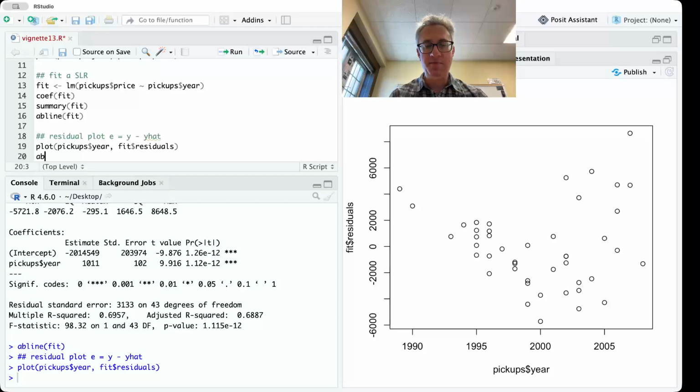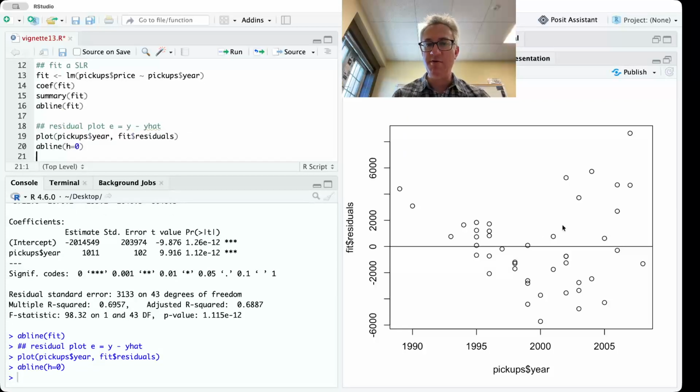Okay, and then I can put a horizontal line at 0 on there, and you can see that I've got positive residuals generally, and then negative residuals generally, and then positive again generally. So I'm not extracting everything that I could out of these data by fitting a line to them.